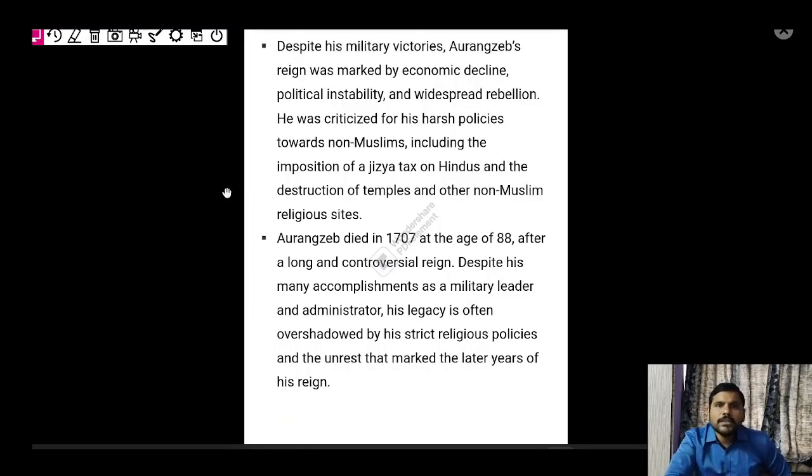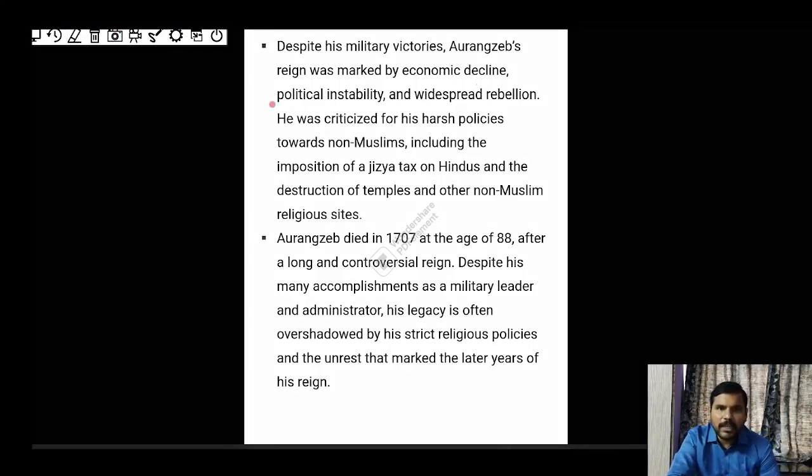Despite his military victories, his reign was marked by economic decline. Obviously, when there are more wars, you'll have a decline in economy and political stability. There was widespread rebellion, and he also imposed jizya tax on Hindus. There was destruction of temples, etc. He died at the age of 88, in 1707.